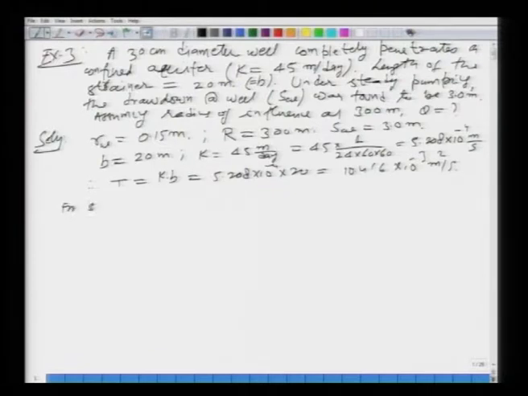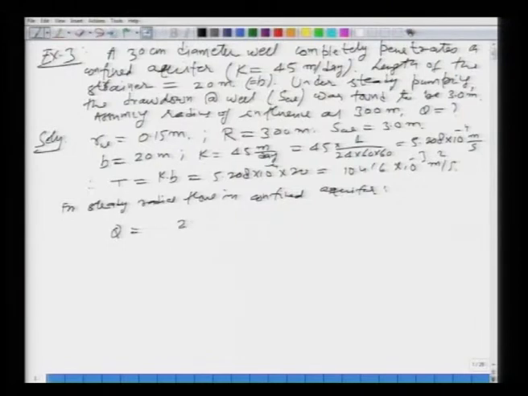For the steady radial flow in confined aquifer, we derived that equation in the last class. What is Q?